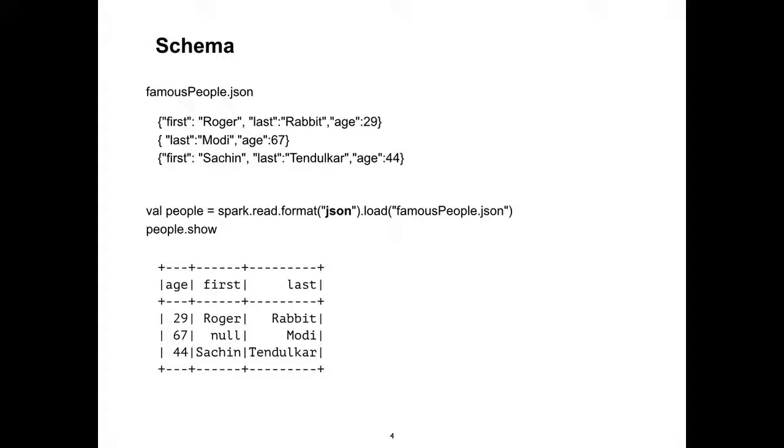Again, the convention is that sc will stand for Spark context, and spark will stand for Spark session. And so I'm using a Spark session. Why? Because I want to get a data frame from the file. And so I want to read, get the format of the file, and then I can load and give it the file name. And when I look at it, I get a table, right?